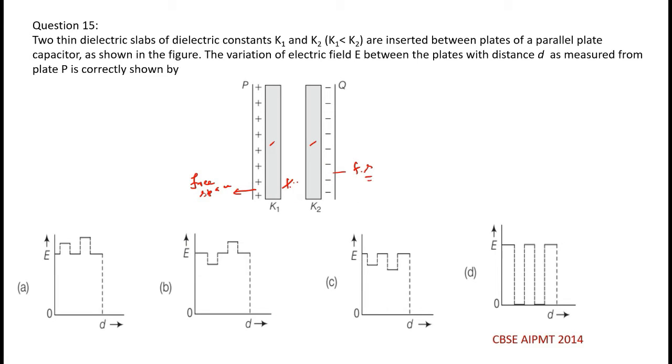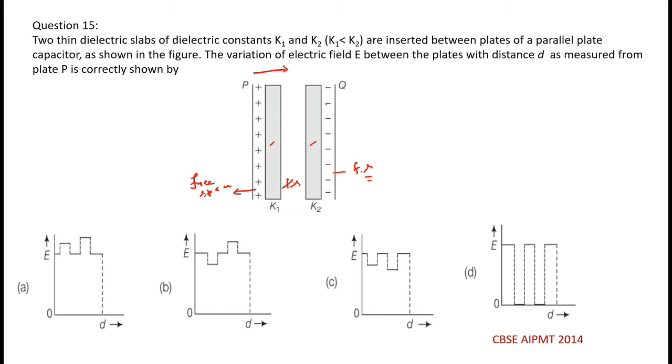Rather than writing fully, I just write Fs for free space. These two dielectrics. Now, how the electric field varies as you move from plate P this side.